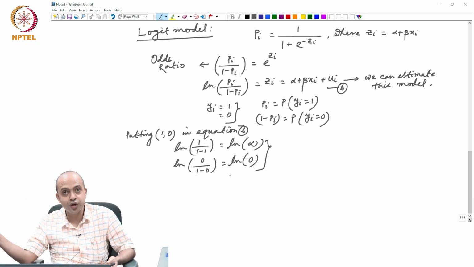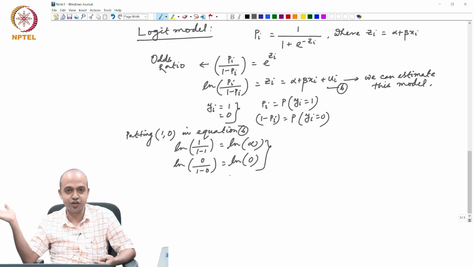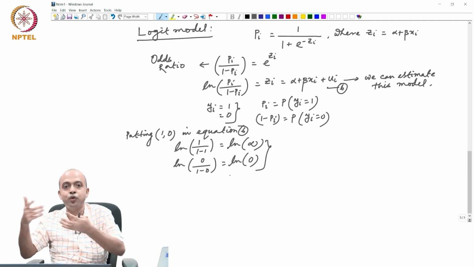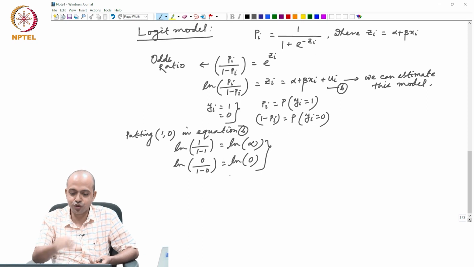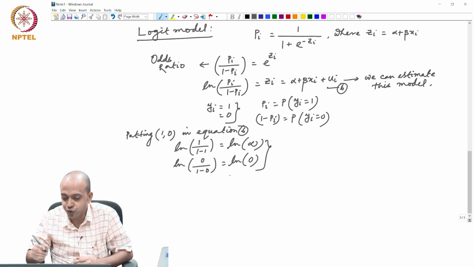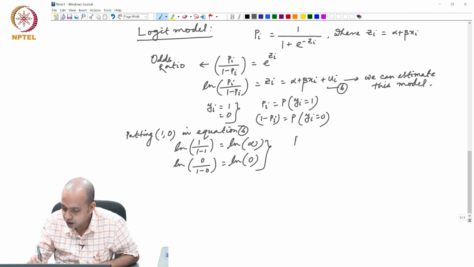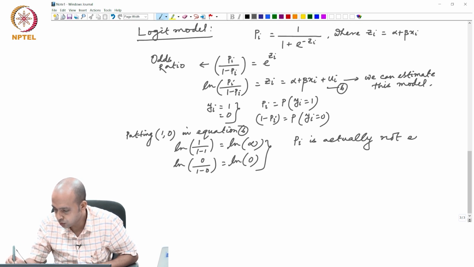What you observe is the ultimate realization of the decision. So log of pi by 1 minus pi in model 6 is not observable, and pi is not equivalent to yi.